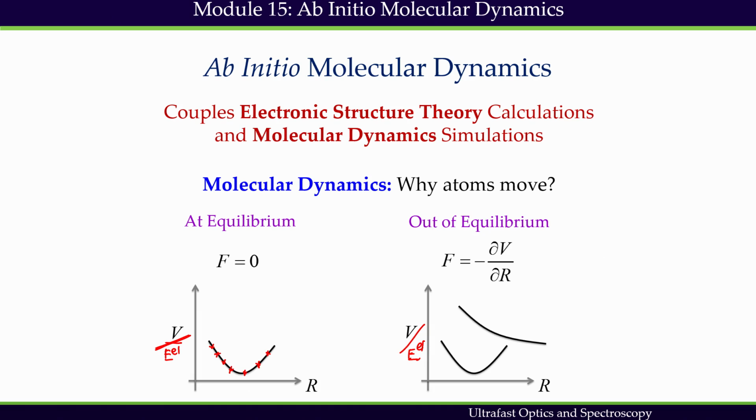On the potential energy surface, at the equilibrium point, we know that the first derivative, that is dV/dR, is going to be 0. That is why the force is 0. So this point is called the equilibrium point.